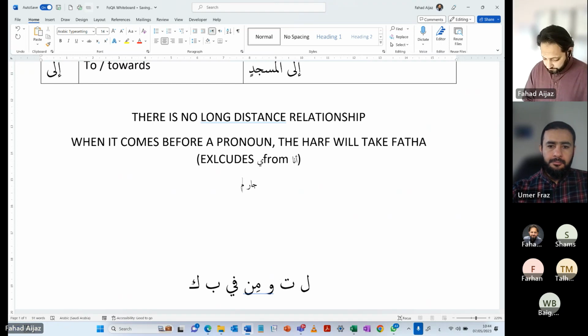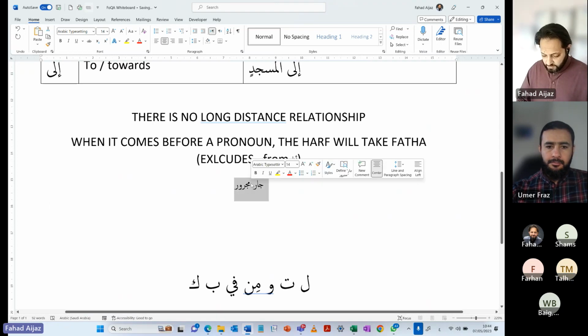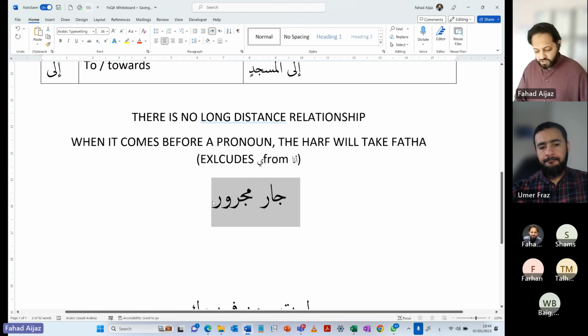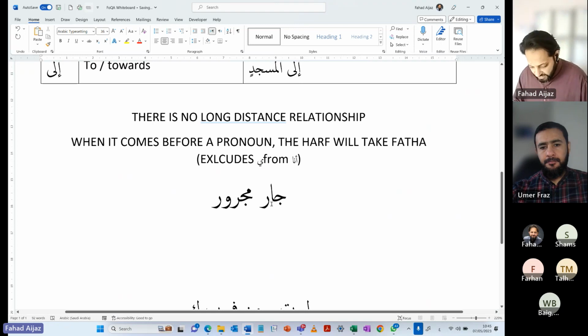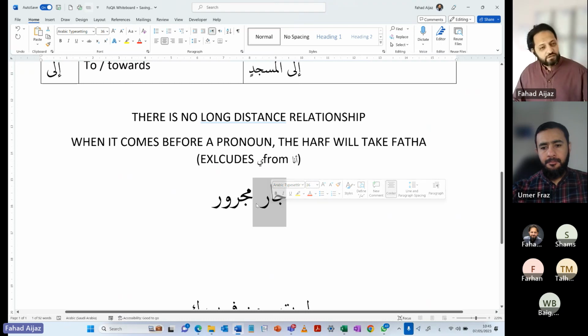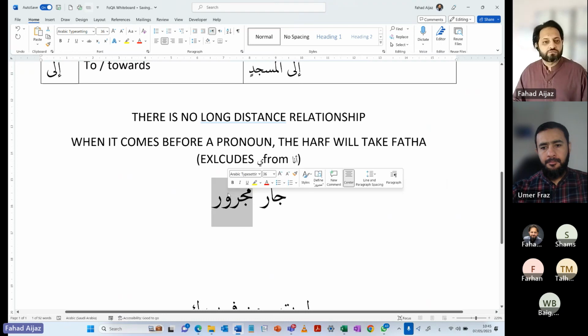In English, it's called harf of jar. Harf of jar is for teaching you, but if you're really talking about true Arabic grammar, then it's jar majroor. Jar is the harf: fi, ka, min, an, ala, hatta, ila. The ism it makes jar is majroor.